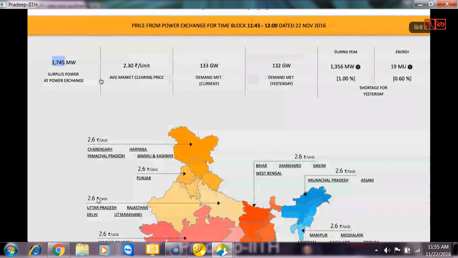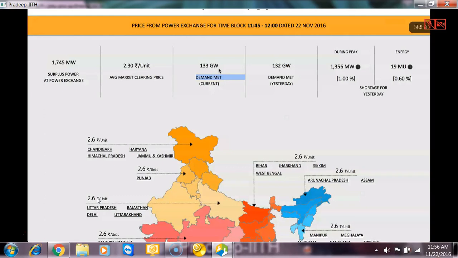So let me check, I hope you are able to see the screen. The average market clearing price is 2 rupees 30, and the current demand met is 133 gigawatts. Remember I told you the peak demand of India is 160 gigawatts. Right now, because it's afternoon time or just morning time, it is not peak. In the evening, this will go up to 160.